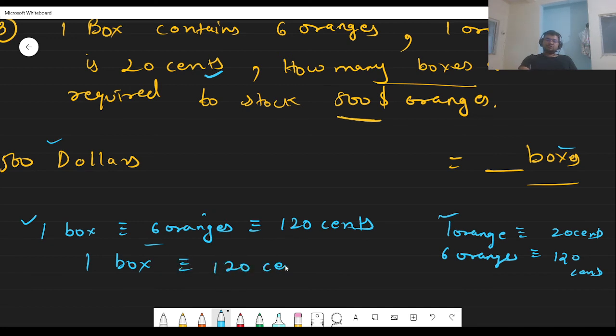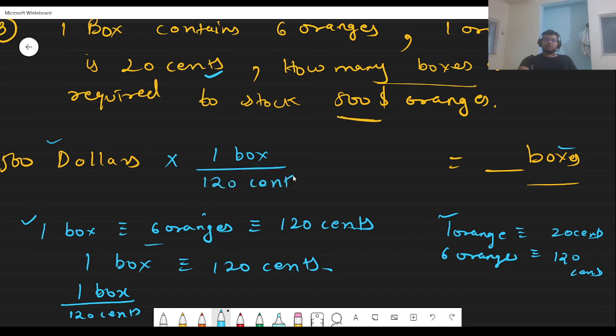The conversion rate we'll be using here is one box divided by 120 cents. So I will multiply this with one box divided by 120 cents. Now you will think we have made a mistake because this is dollars and this is cents.